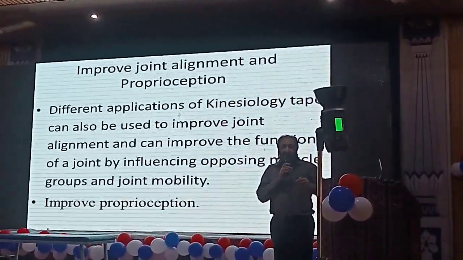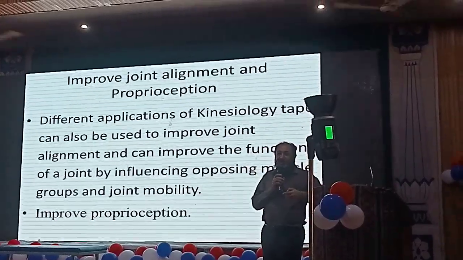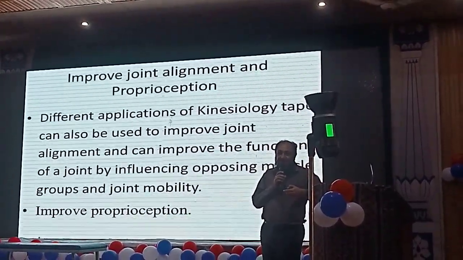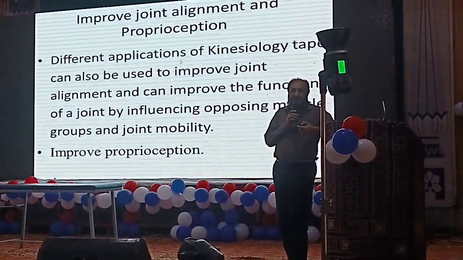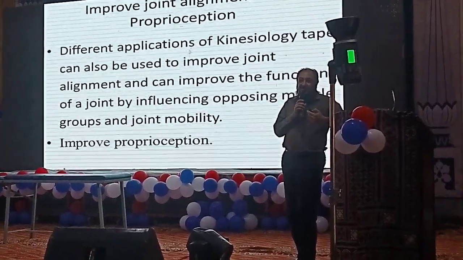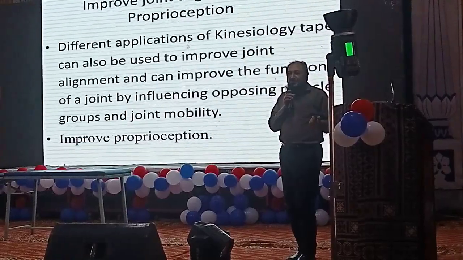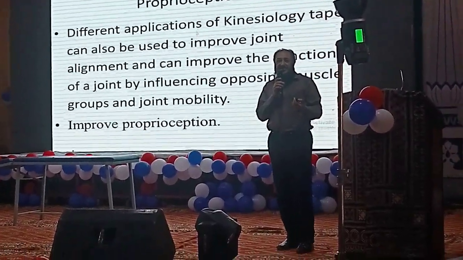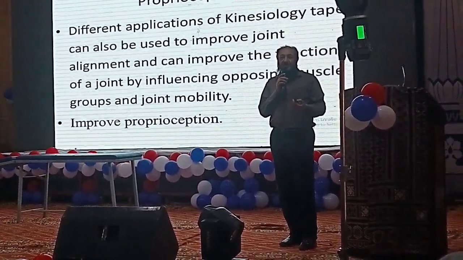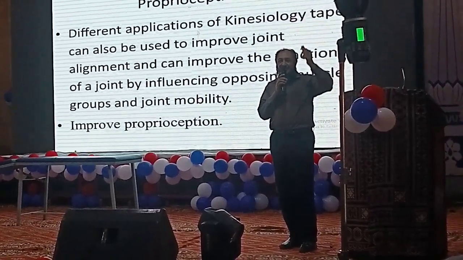They also said if you have a poor alignment, then you have a poor joint proprioception. So with correcting the alignment, you can increase somebody's positional sense. Because normally our positional sense, since our childhood, has developed in one position.